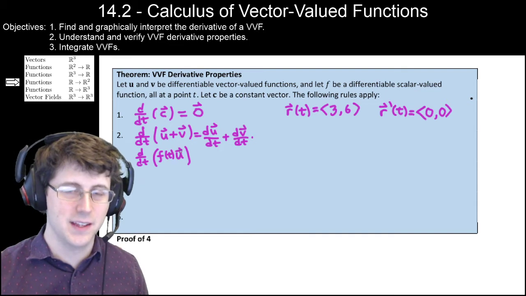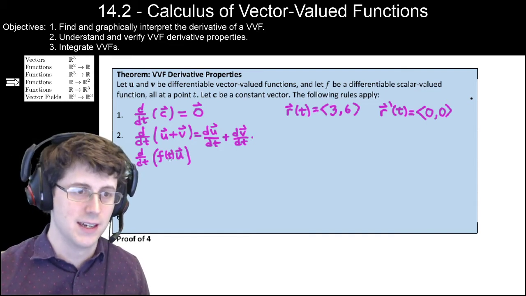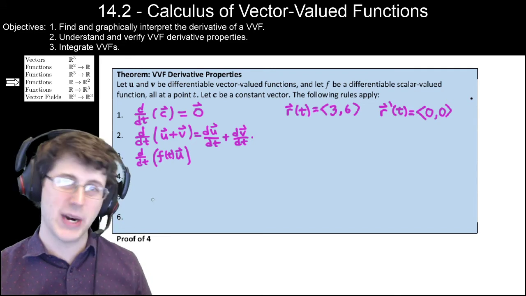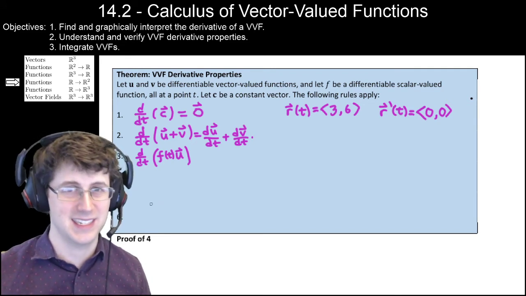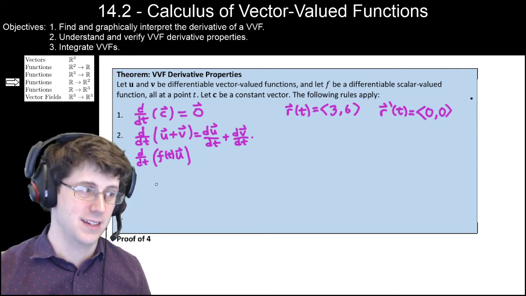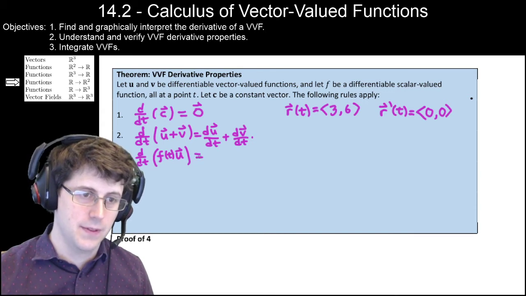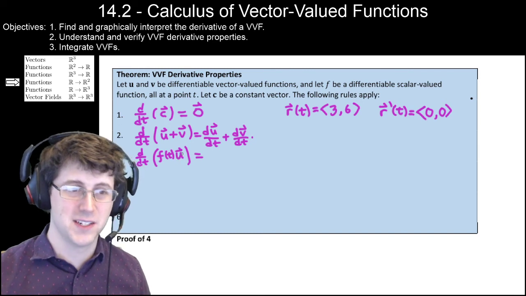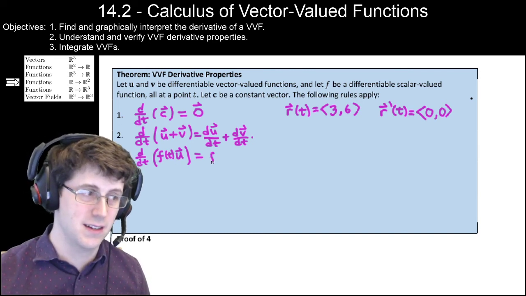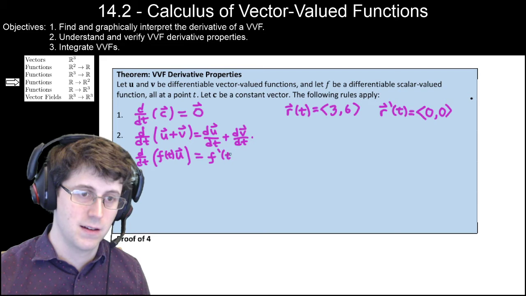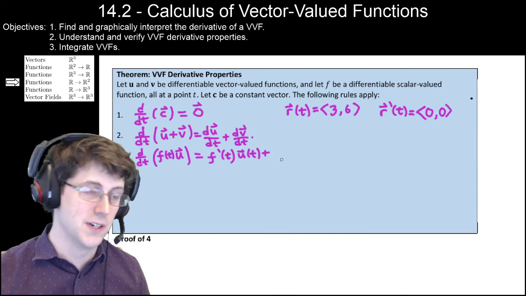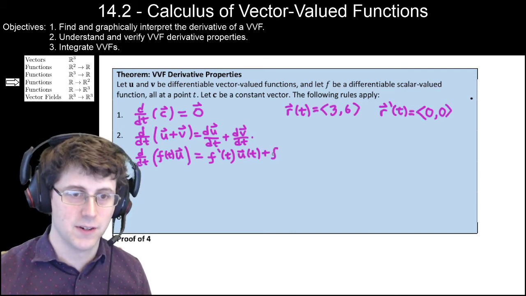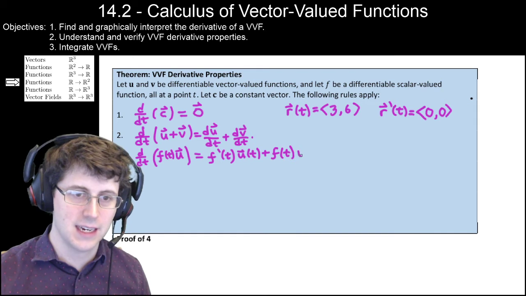I've got an arrow on the u to show you that it's a vector valued function, and f of t might just be like t squared, or cosine t. It's not vectors at all. This tells you that there's a product rule even when one of the functions is a vector valued function. You can do the derivative of the first times the second plus the first times the derivative of the second.